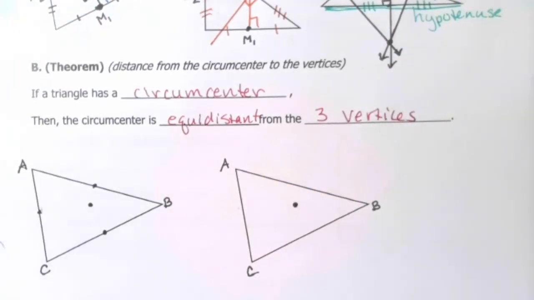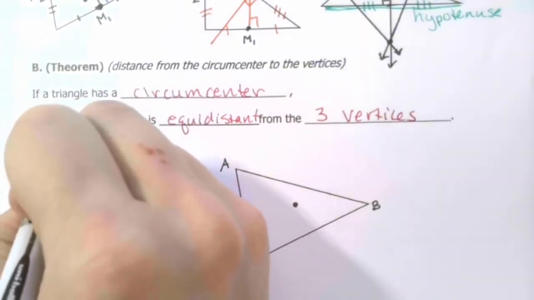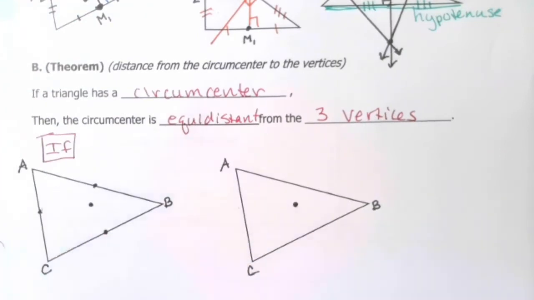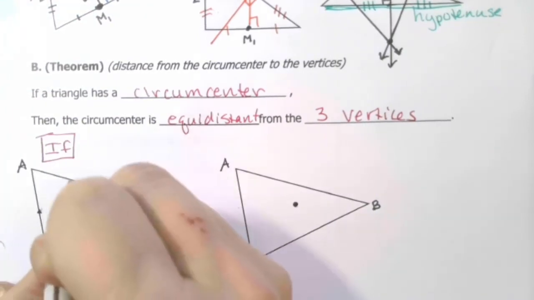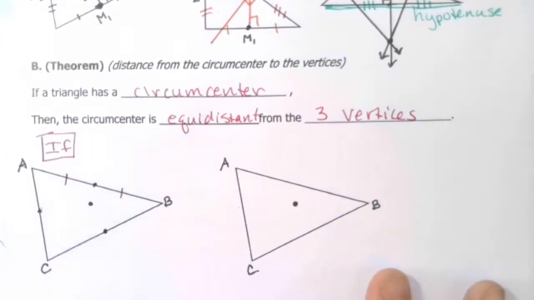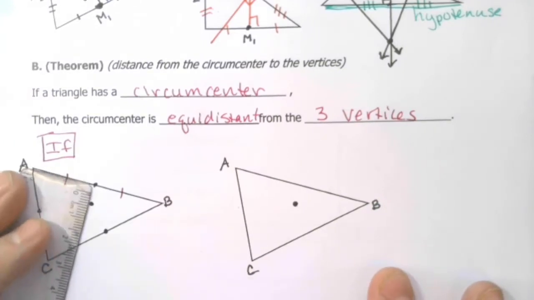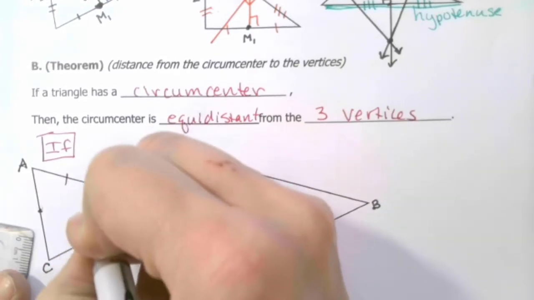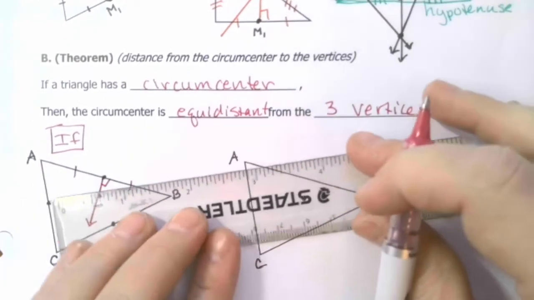Okay, so we're going to do an if and a then. So here's our if. If we have a circumcenter. So again, I've made this a little easy for you. I've marked the midpoints. So those two pieces are the same. I want you to draw the perpendicular. And as you can see, I also kind of put the point there for you so you know where about it should hit.